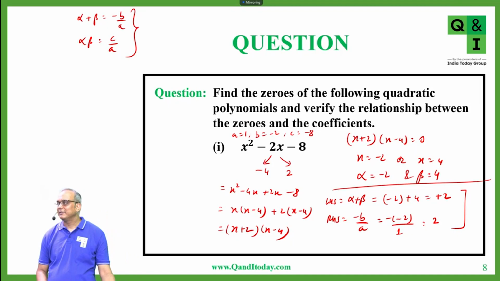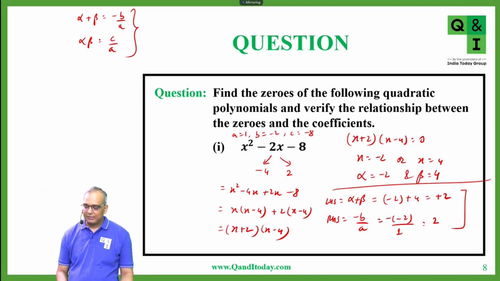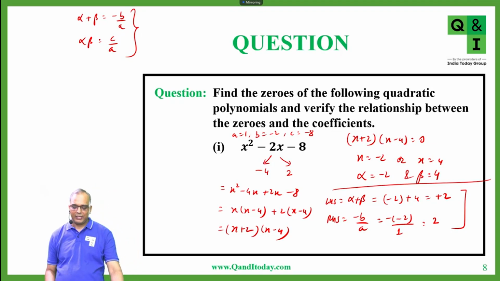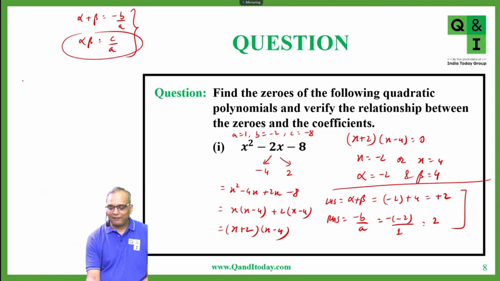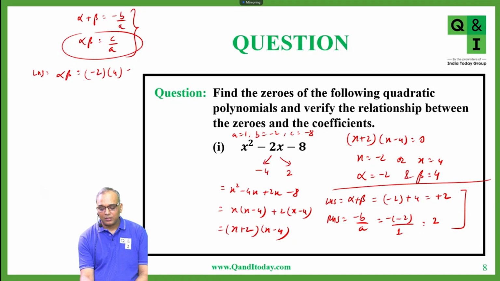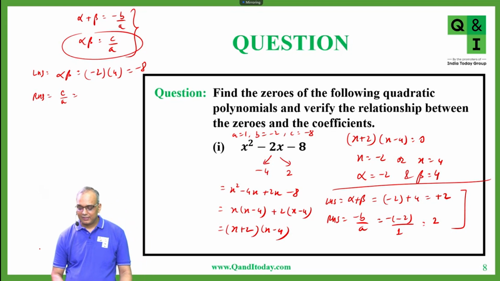Is this clear? The first relation, is the verification clear? Okay. Now in the next relation, alpha beta is c by a, your LHS is alpha into beta. So alpha is minus 2 into 4, which is minus 8. RHS is c over a, right?